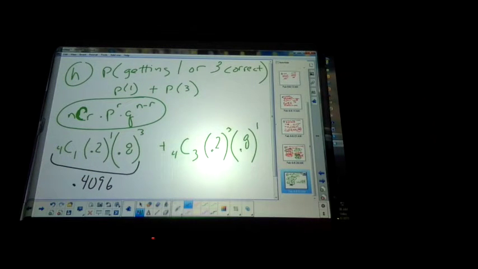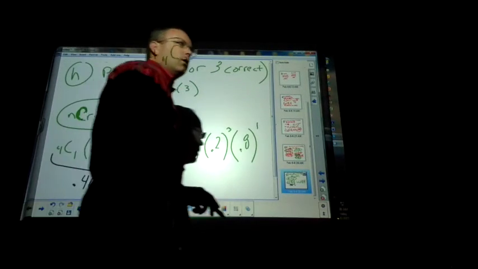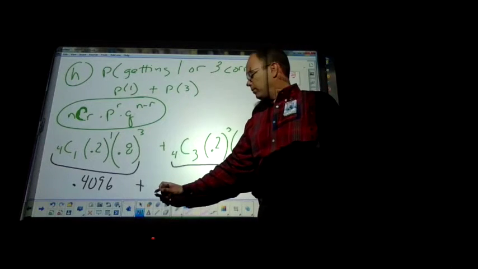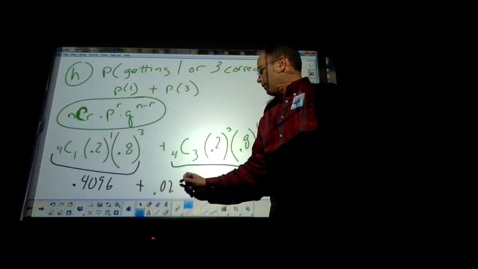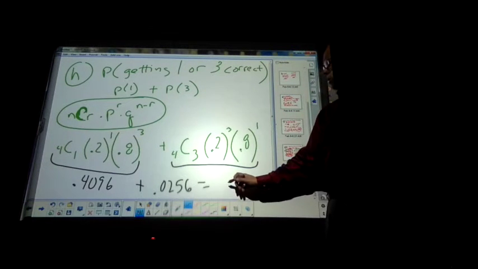Yeah. Perfect. Did we do 4 choose 3? Do we know what this is yet? 0.0256. So you worked out the whole thing? Yep. Okay, add those together. 0.4352.